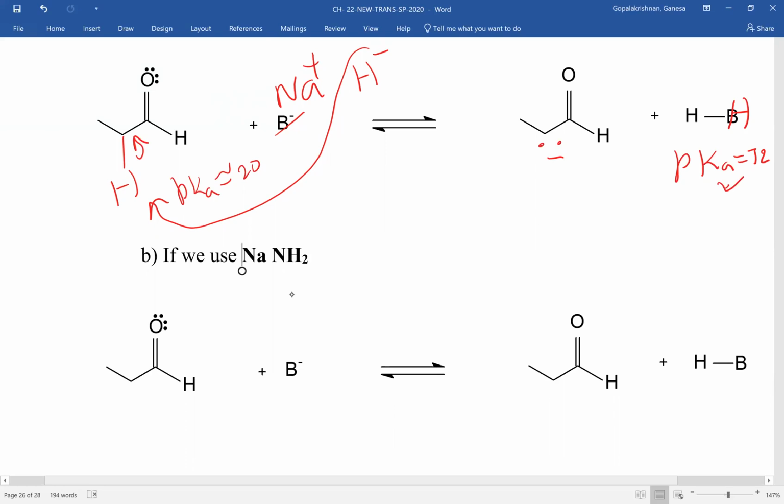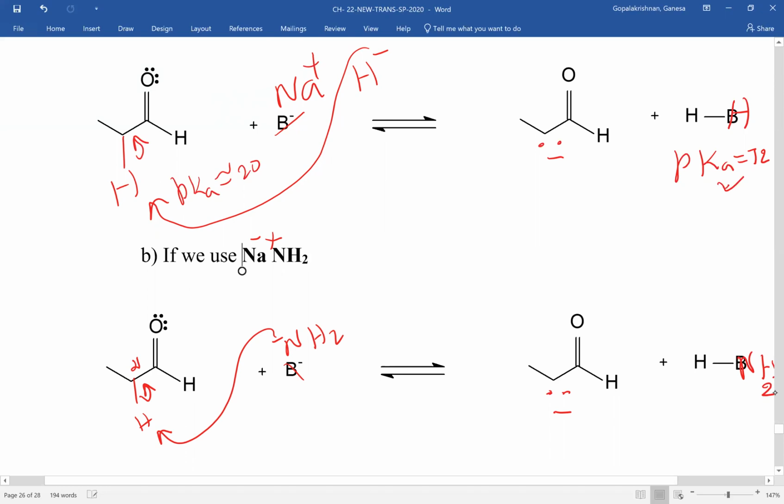If you use NaNH2, the NH2 minus is the base. So it will abstract the proton from here. And the conjugate acid will be ammonia.